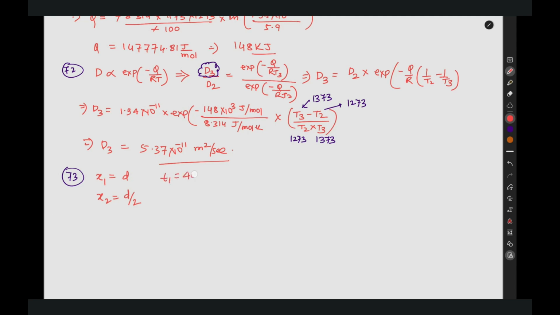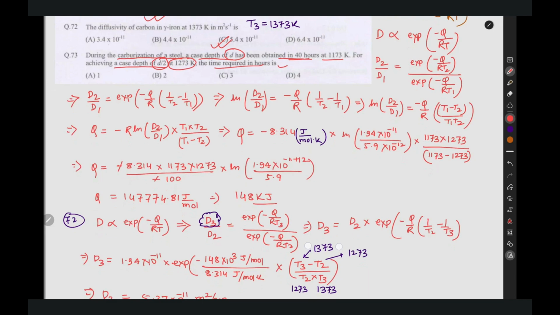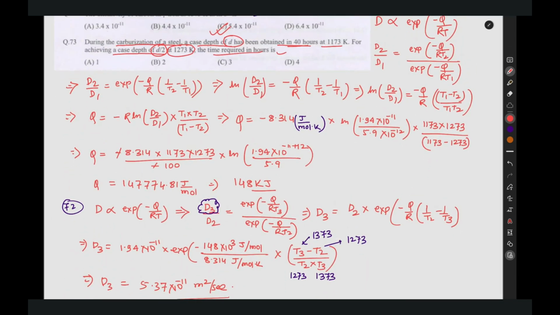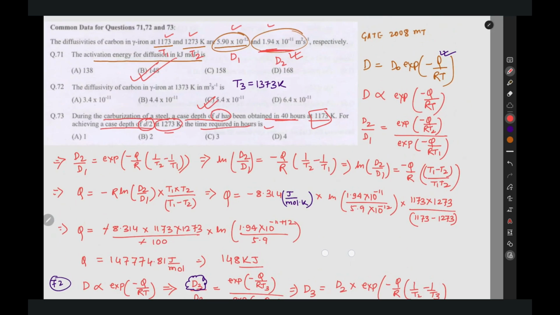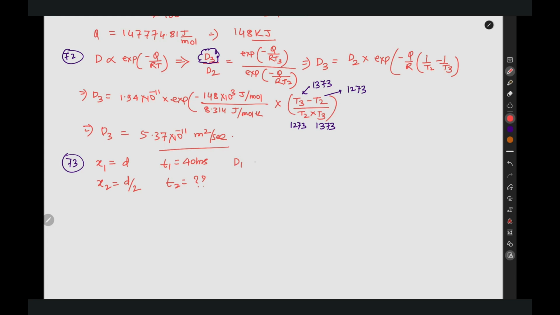T1 is given as 40 hours and we have to determine T2. We already know the diffusion at 1173 and 1273. These are D1 and D2. D1 and D2 we know. It's given.